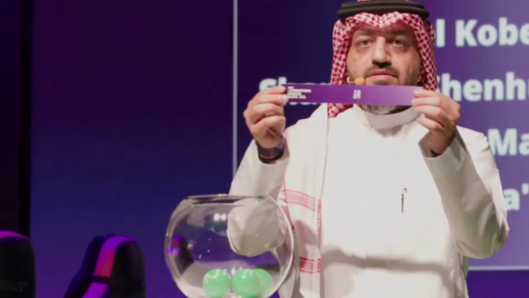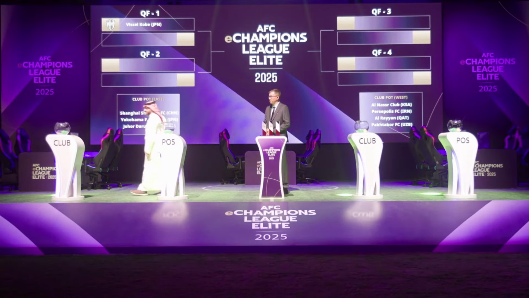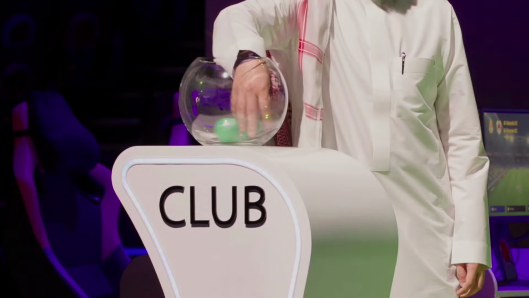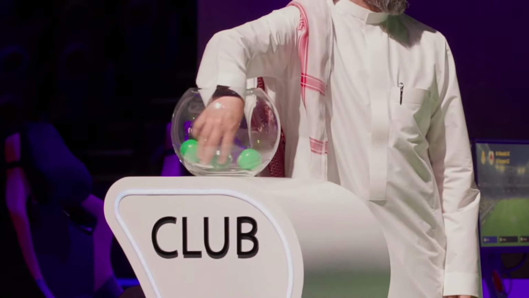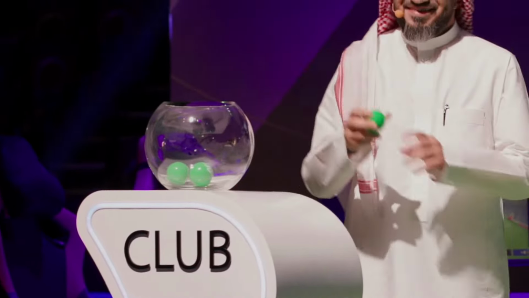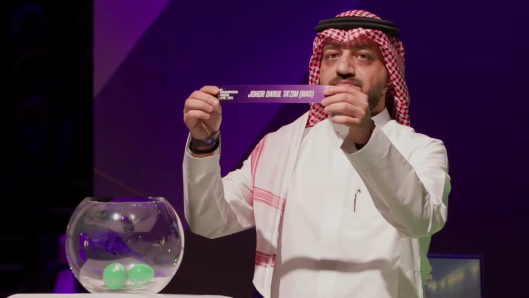A1. Vissel Kobe 1A. And we are going back to the club pot. 3 remaining clubs from the east. Which club do you think? I believe all the clubs are strong in here, and let the strongest team win, that's what we usually say. Johor from Malaysia.